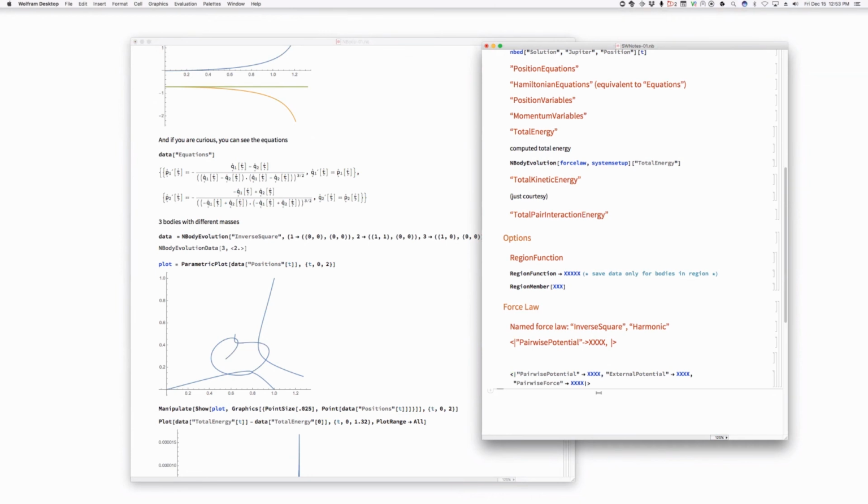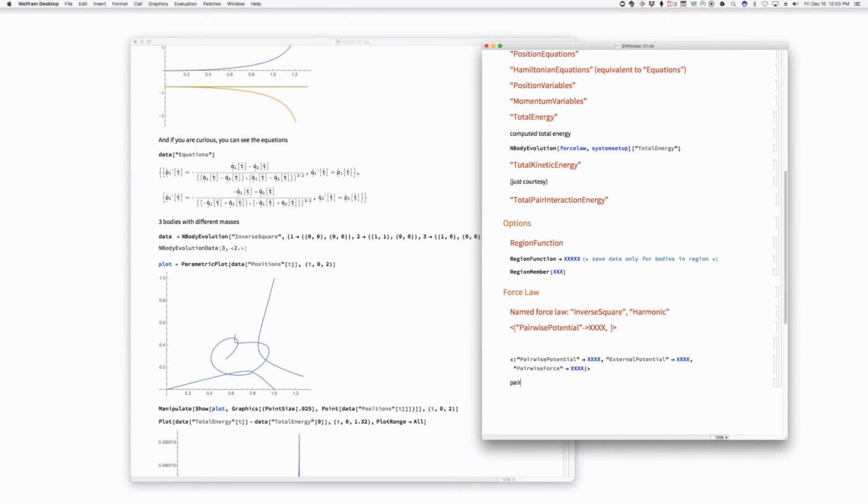Actually, no, that's not true for it. It has to depend on the norm of the vector between the two positions. So the pairwise potential here depends only on the vector difference between positions.